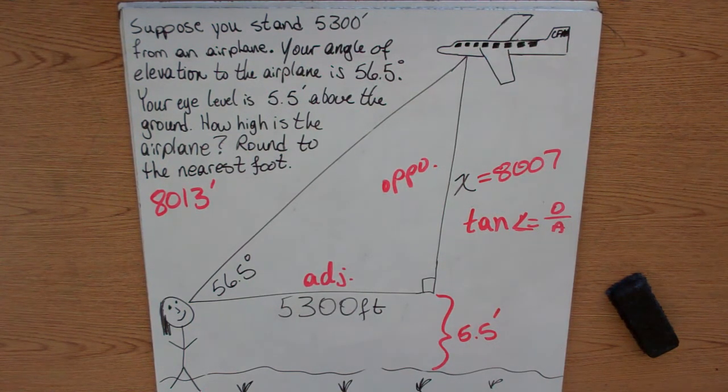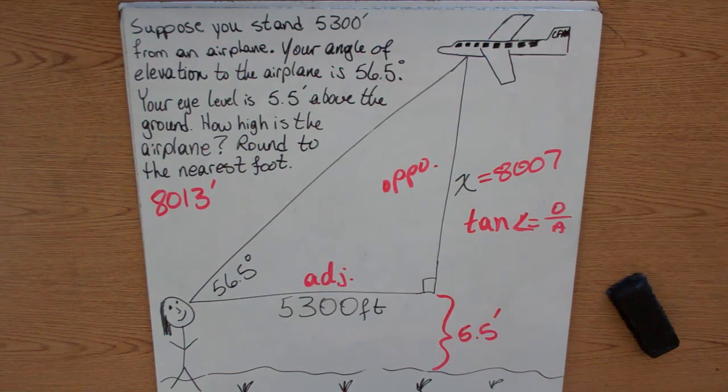The cosine is adjacent over hypotenuse. And the tangent, which is what we used here, is opposite over adjacent. Because to solve all these problems using angles of elevation, you're probably going to use your trigonometry a lot. So make sure you're strong in your trigonometry.